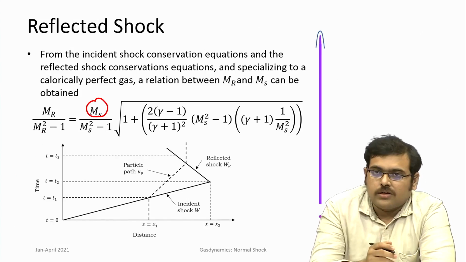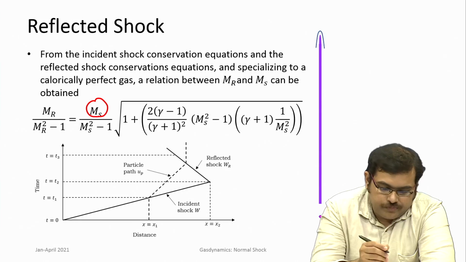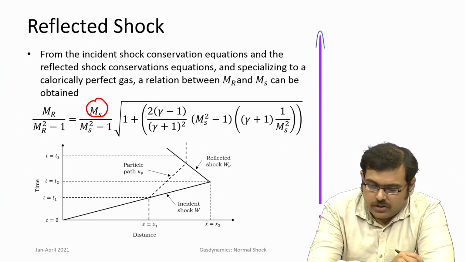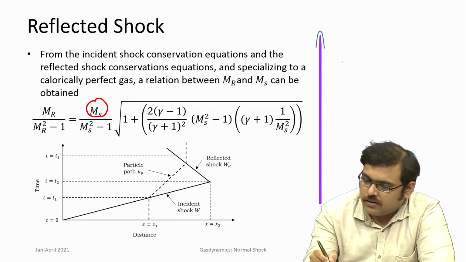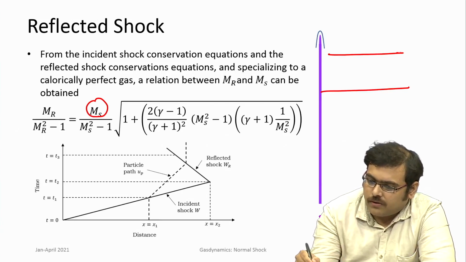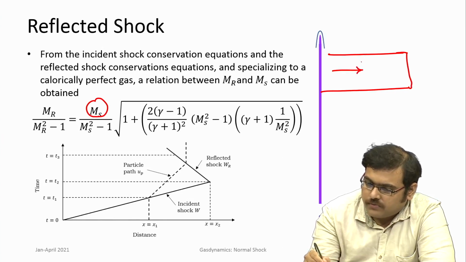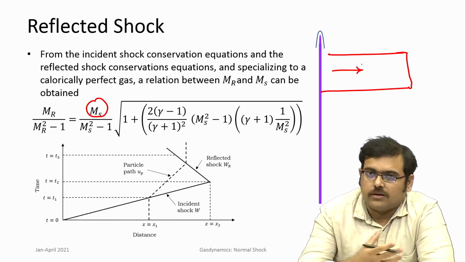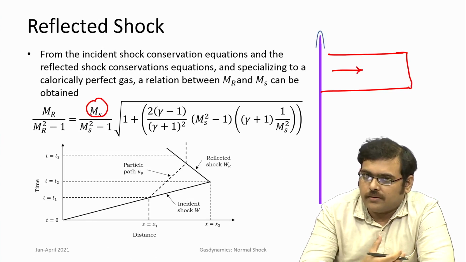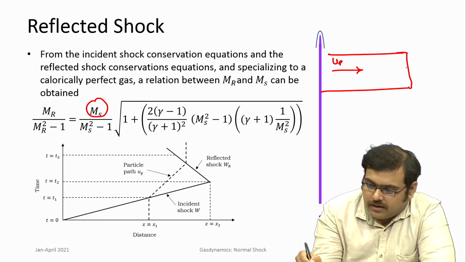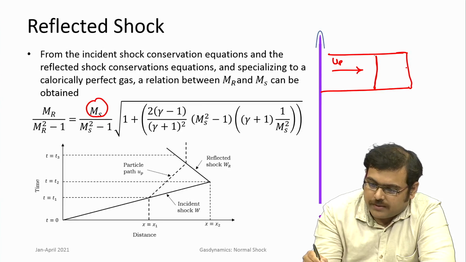So, if one is to look at what is happening for a particle very close to the end wall, as the shock wave moves into the medium, it takes all the gas and moves it along with it with a speed Up, and then after that the primary shock comes, reflects at the end wall and then goes back.